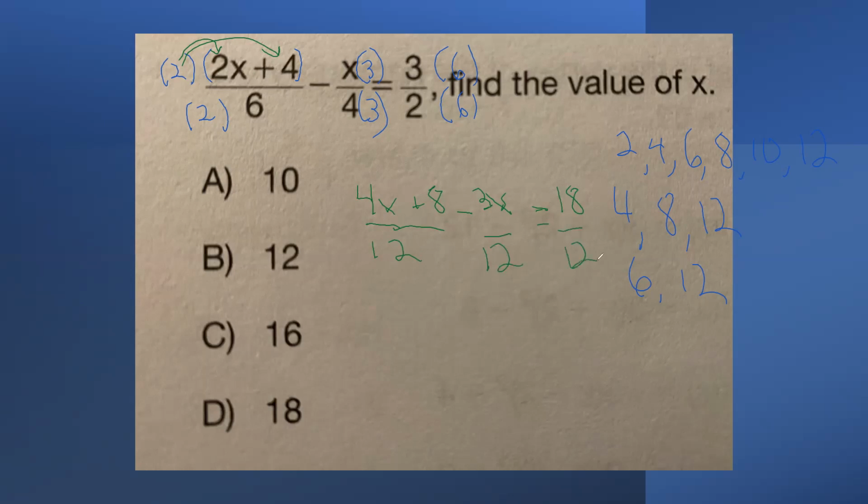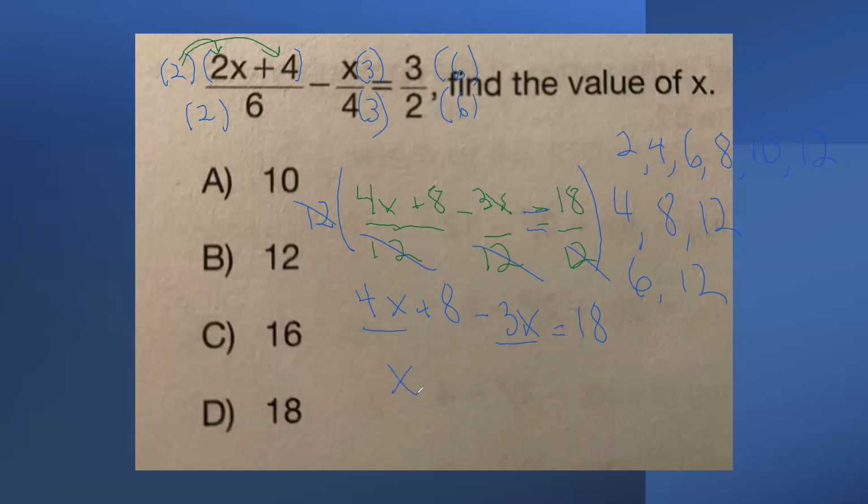All right, we can multiply everything by 12 to cancel the denominator. The left and the right side of the equation get multiplied by 12, so we just cancel the denominators. We are left with 4x plus 8 minus 3x is equal to 18. 4x minus 3x is just x.